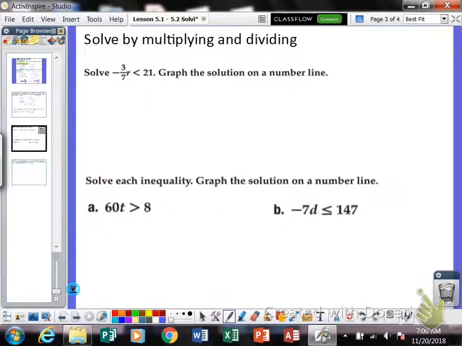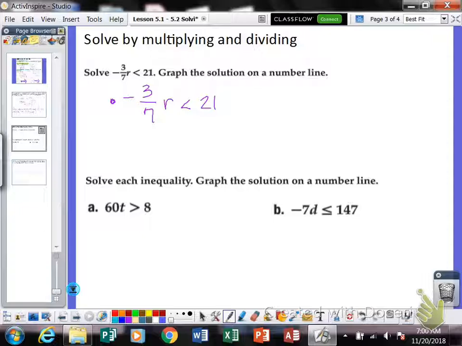All right, moving on. Now we're going to do the multiplication and division. Again, ladies and gentlemen, it is just like solving equations. If this was negative 3/7 r is equal to 21, you would multiply by the reciprocal of negative 3/7. Well, we're going to do the same exact thing. So negative 3/7r is less than 21.